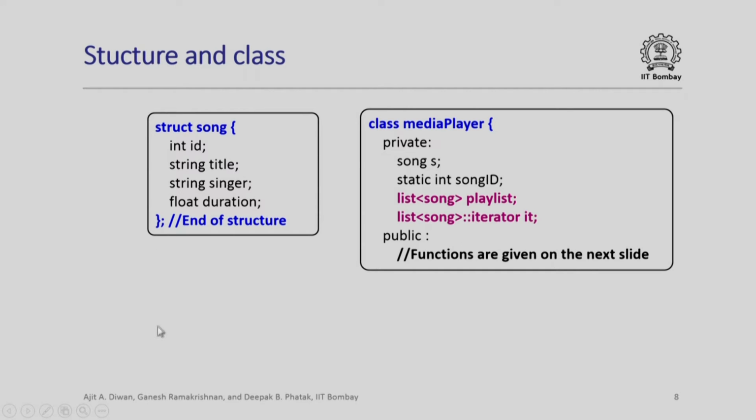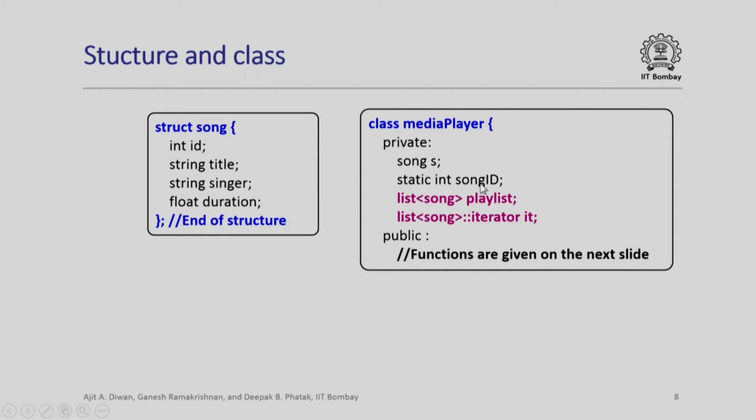Next, we start looking at the details of the program. We begin by defining the structure that we require for these songs and the class for media player. The structure is very simple. It has an ID, title, singer, and duration. The class media player has several private members. First of all, song itself, that is S. It will have a static integer value song ID, which we will use to increment for subsequent songs which are added.